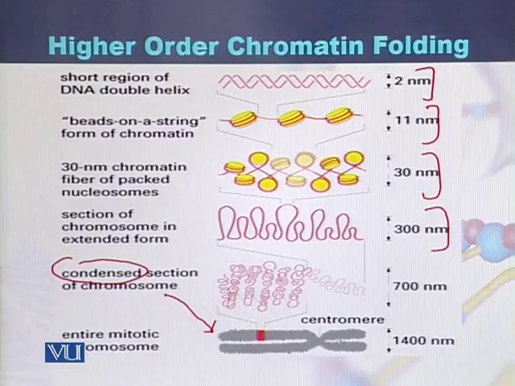DNA is converted into the nucleosomes. Then nucleosomes are placed in the same vicinity and form the scaffolds, and ultimately by joining the scaffolds, they are converted into a specialized structure. That specialized structure is called chromosomes.